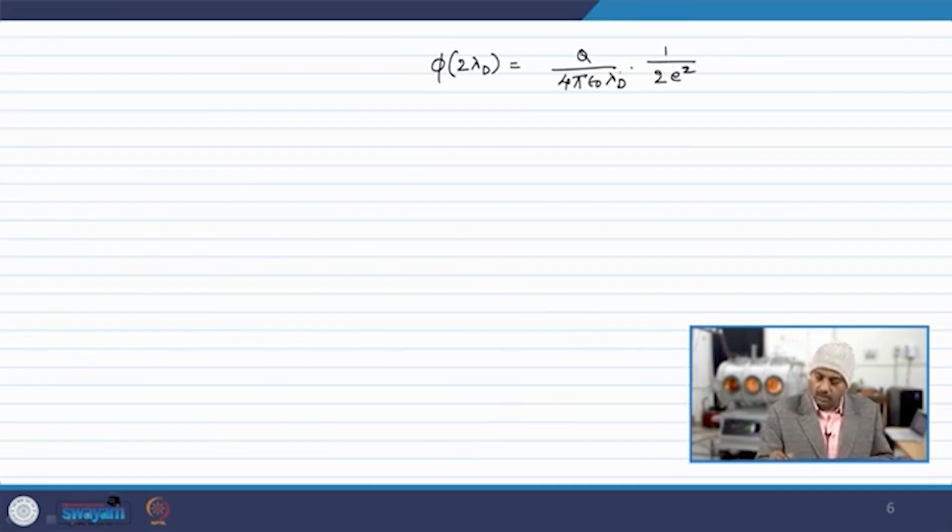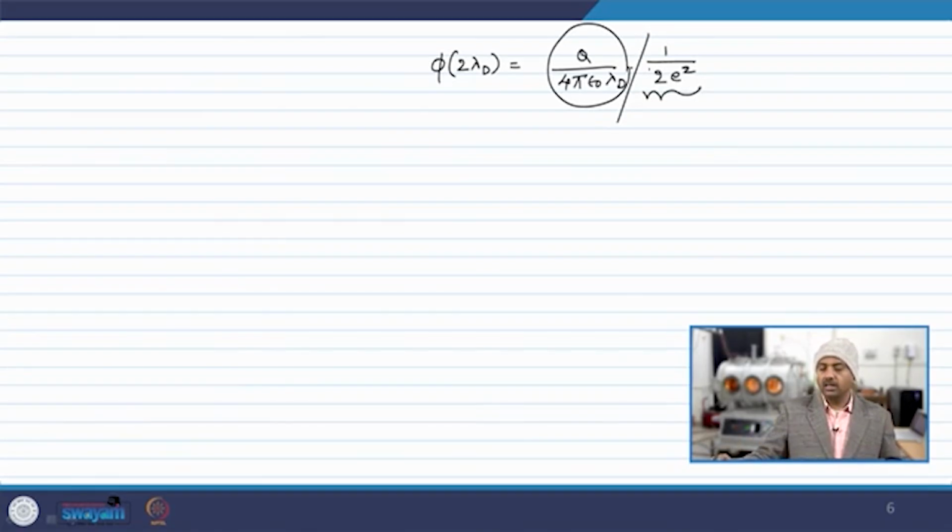What is the conclusion? The conclusion is that if this is the potential at the edge of the Debye sphere, at a distance of 2 lambda d, the potential becomes even smaller. The potential is getting scaled by nearly 1 by 2 exponential power to the power of 2. So, it is decreasing very, very fast, right.